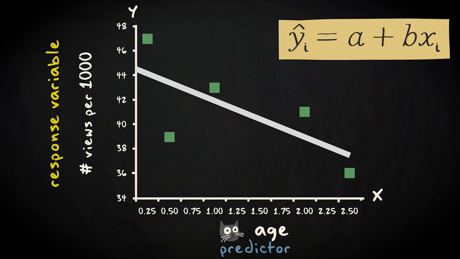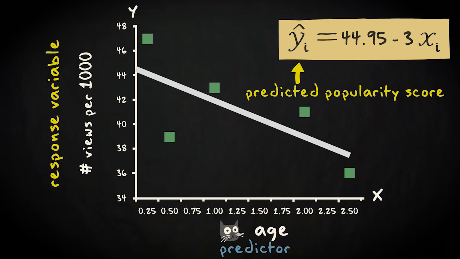Suppose that in our example, a is 44.95 and b is -3. Then the predicted popularity score for a video of a half-year-old cat is 44.95 minus 3 times 0.5. This equals 43.45 times 1,000, or 43,450 video views.